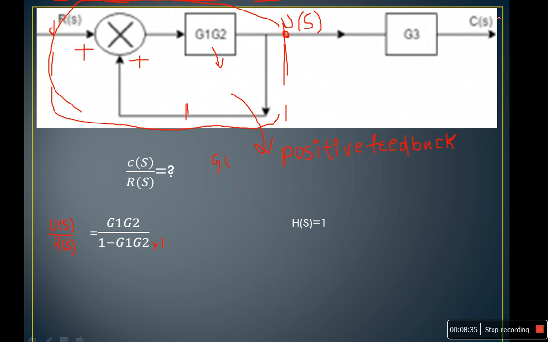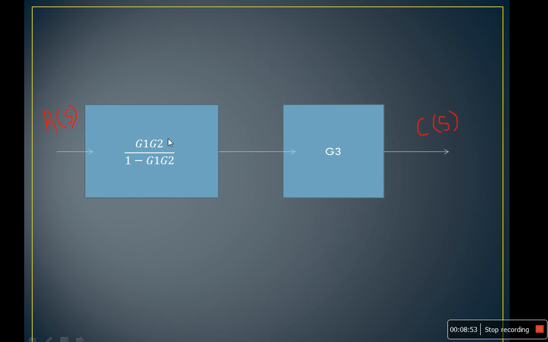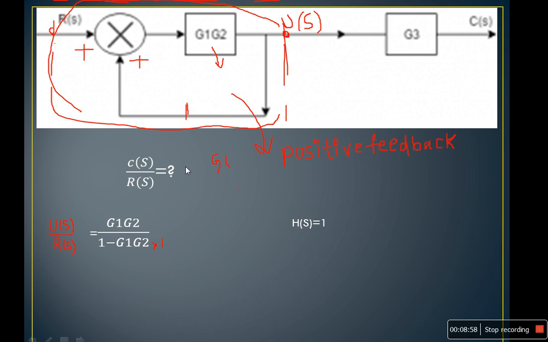But I need C of s by R of s. So this total circuit I am representing with a single block which is having the transfer function of G1 G2 by 1 minus G1 G2. In addition to that I am having one more block, that is G3.